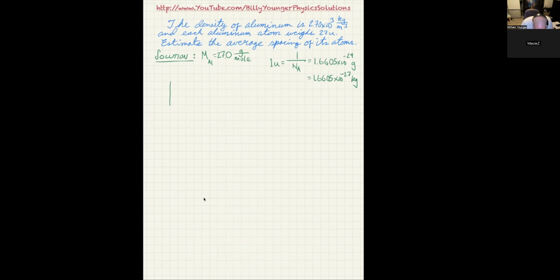Let's say we have a cube of aluminum that has a size of 1 meter on each edge, which obviously, if it's a cube, all of them should match anyway. So this dimension is 1 meter, this dimension is 1 meter, and this dimension is 1 meter.